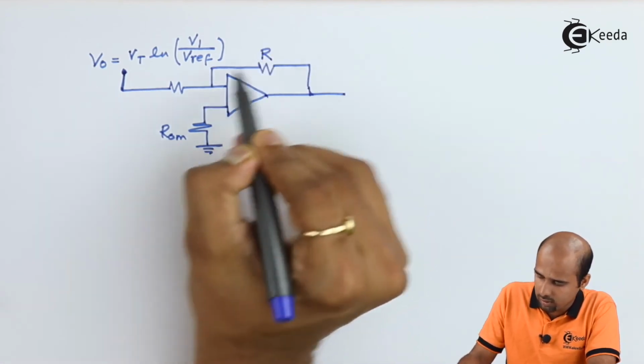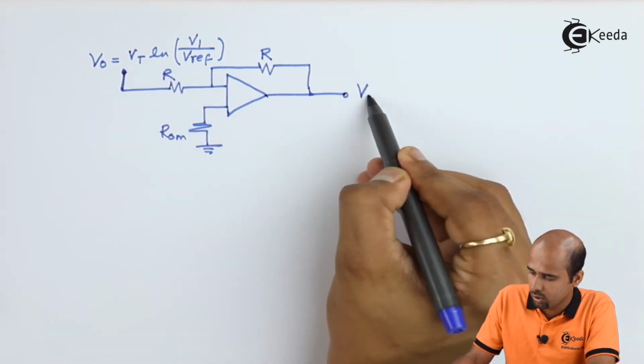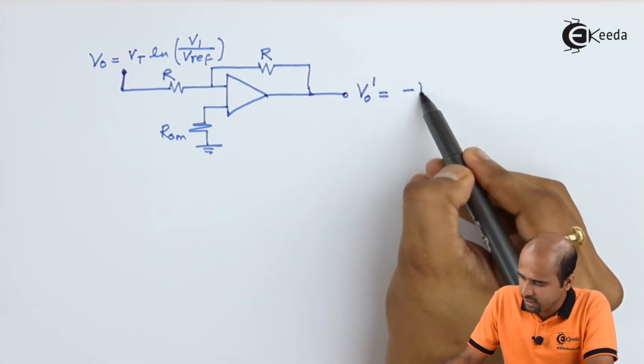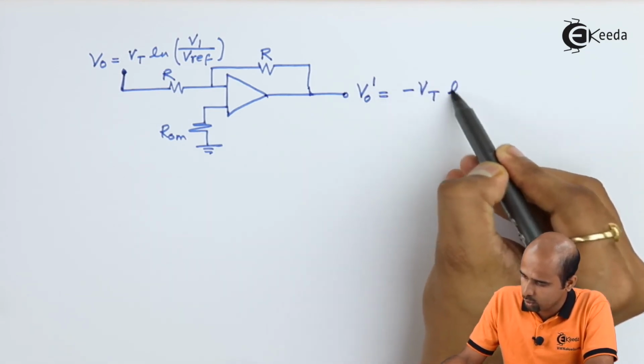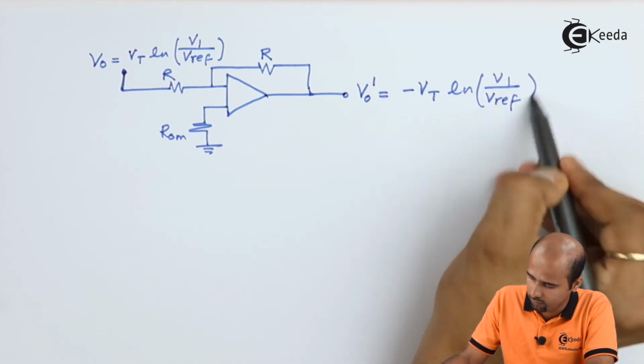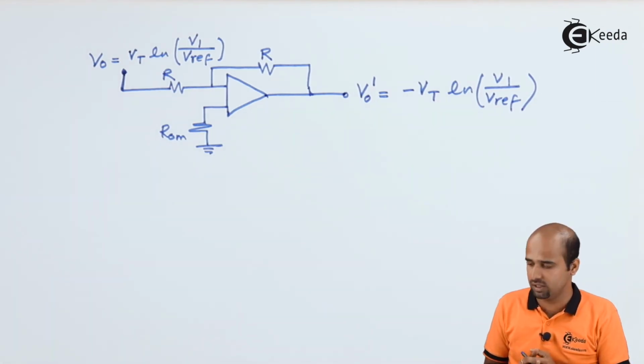If R and R both are same, the value of VO dash will become minus of Vt into ln of V1 divided by Vref. Now here I did avoid the temperature dependency in the form of this expression.